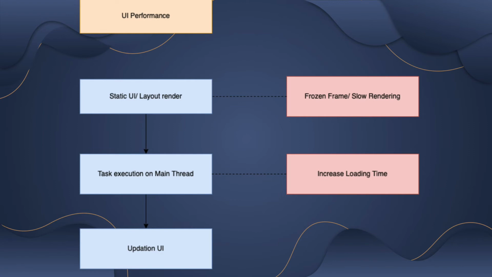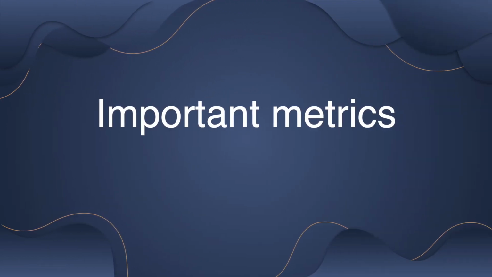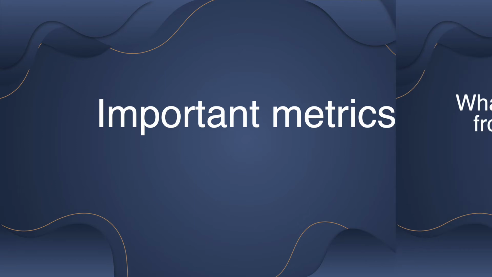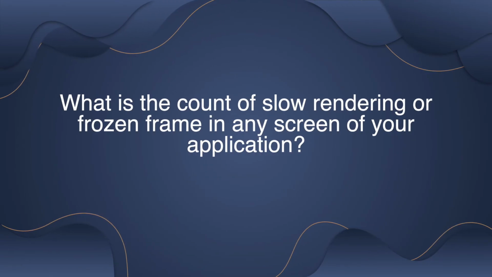Then the UI gets updated. So what are the important questions or metrics here that can help us to improve? What is the count or percentage of slow rendering or frozen frames in any screen of your application?